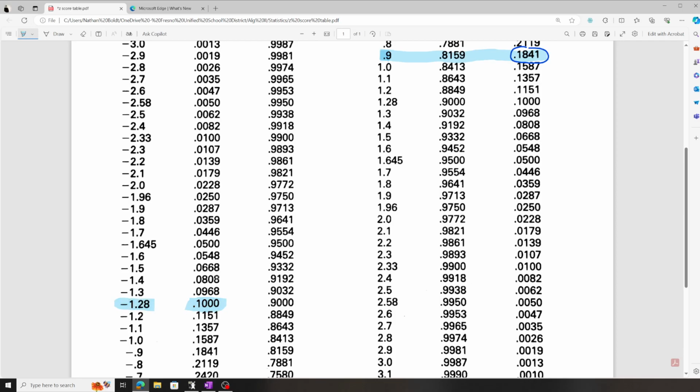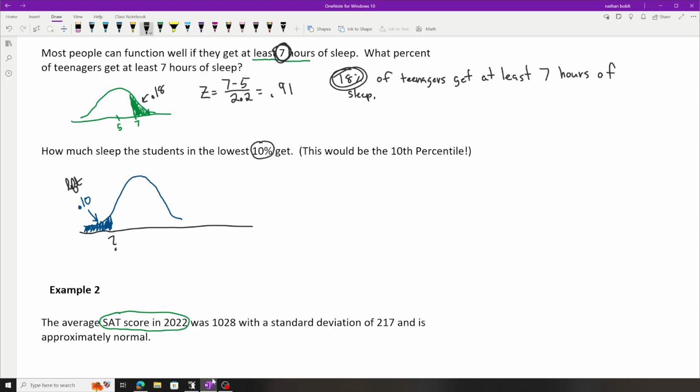Negative 1.28 standard deviations below the mean. To help give you some context there. 1.28 standard deviations below the mean. And that's our z-score.